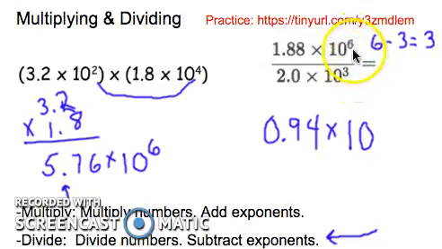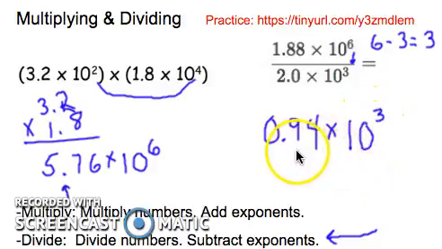If this had been a smaller number than 3, for example 2, then it would have been a negative number because it's this number minus this number. So 6 minus 3 is 3. So it would be 0.94 times 10 to the 3rd.